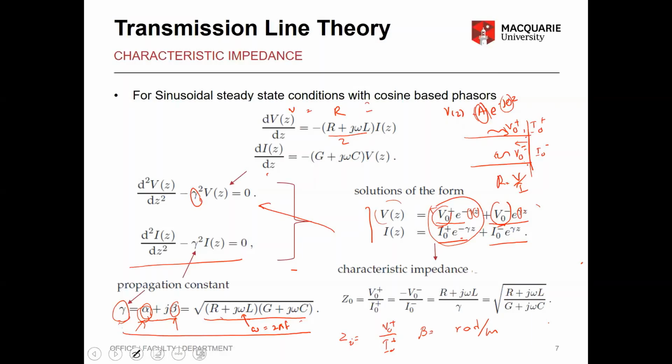If you know the beta for a transmission line, so for a 1 meter length, if beta is, say, 0.5, it means the phase of that wave changes by 0.5 radians in that 1 meter length. That's what it simply means.